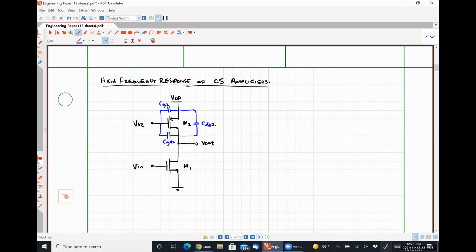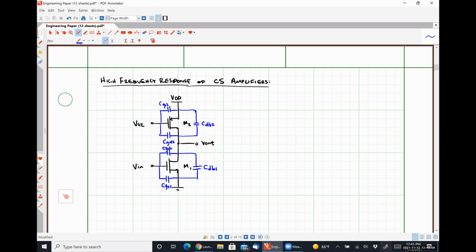And we'll have those exact same three capacitors for transistor M1 as well: CGD1, CGS1, and CDB1.